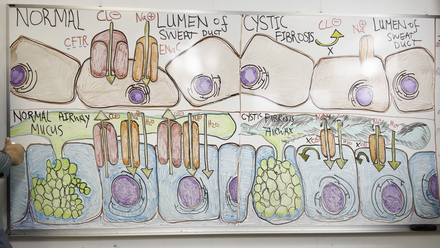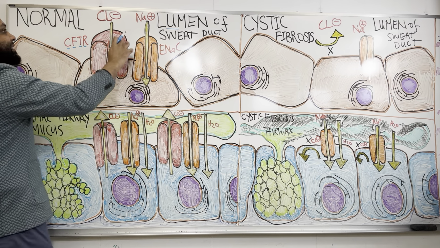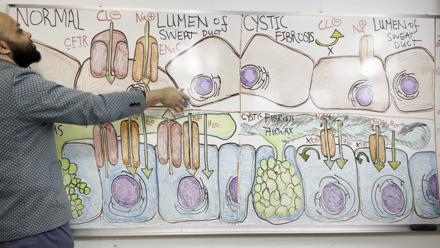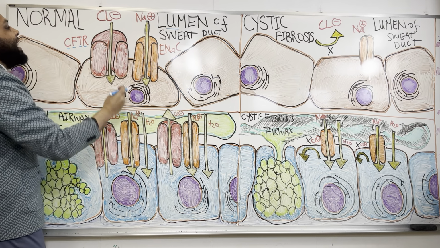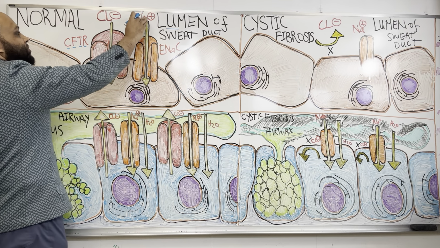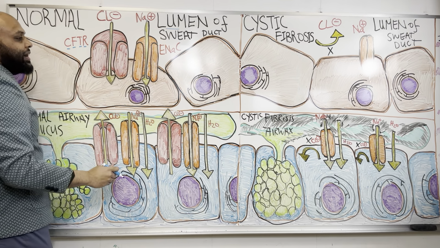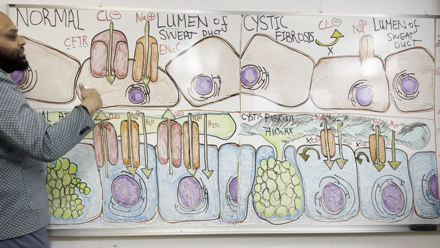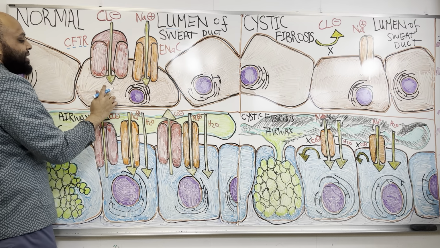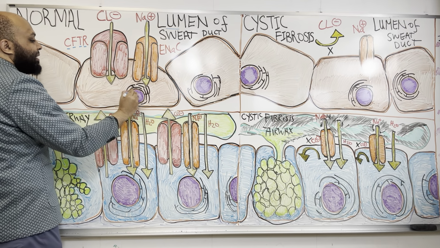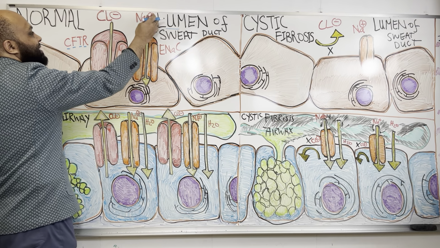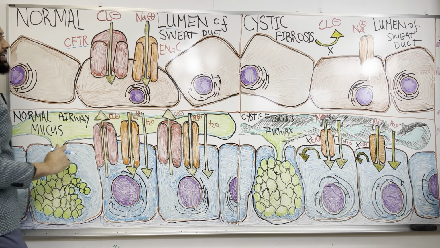There is another orange channel. Don't forget about it. That is the Na+ channel, the sodium channel. This sodium channel brings in sodium in the same direction as chloride. So sodium follows chloride. That makes perfect sense because there is an electrical gradient. Since the negative chloride is going in, there is negative charge inside the cell, so all the positive sodium in the lumen is going to try to come into the cell.